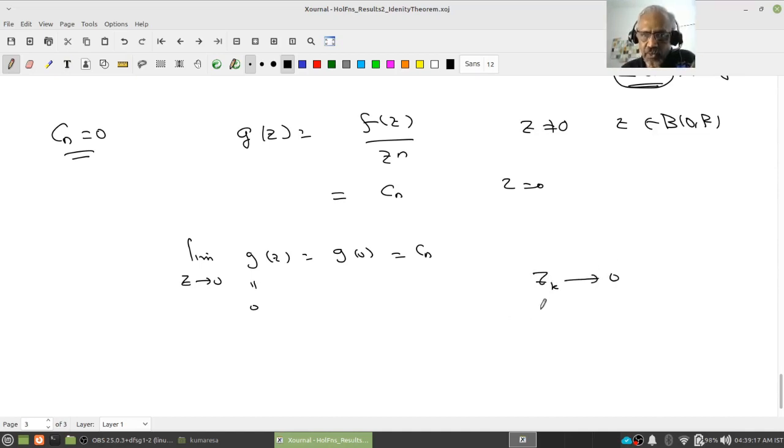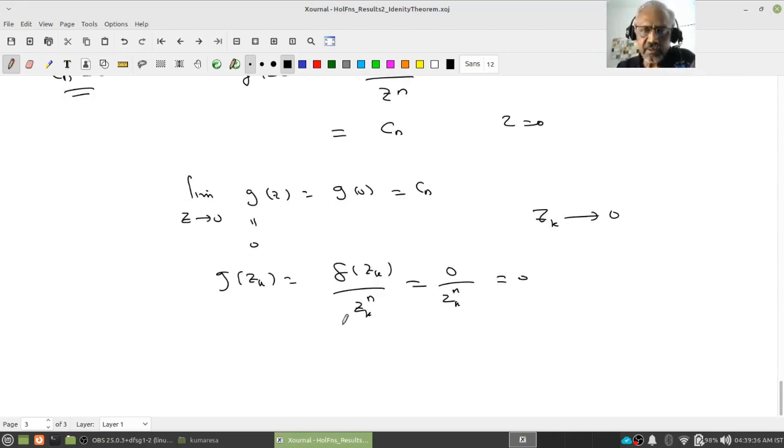Then g(zk) is f(zk) divided by zk^n, but this is 0 divided by zk^n, because remember zk's are non-zero. Therefore, this is 0. You understand? Therefore, the limit as z goes to 0 of g(z) can be computed along the sequence zk going to 0, which is 0. Therefore, I have proved Cn is 0.